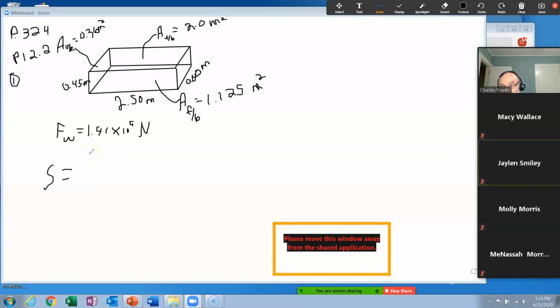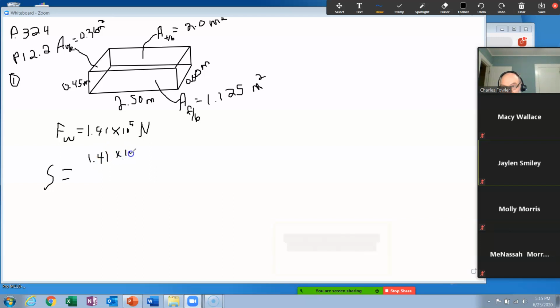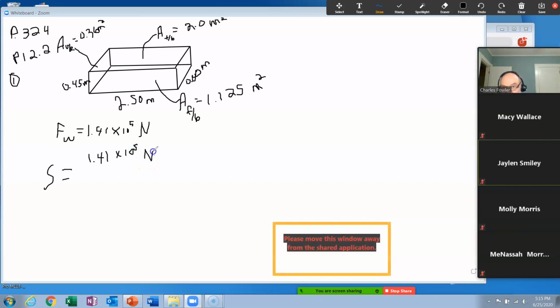And your force is 1.41 times 10 to the 5th newtons divided by the area of the bottom that's on the floor now, which is 2 meters squared.